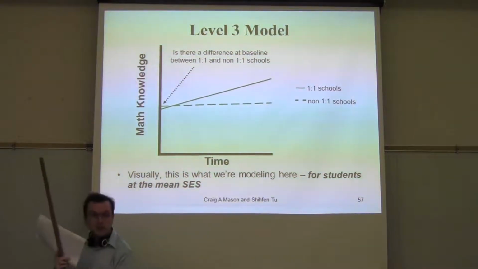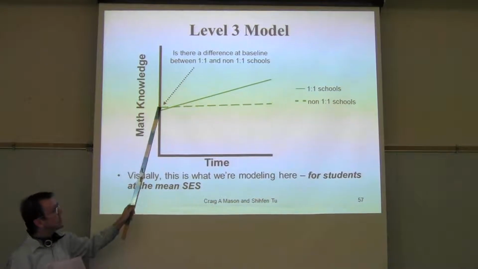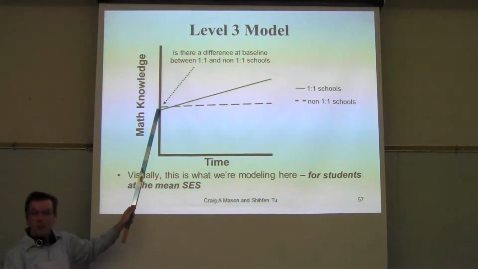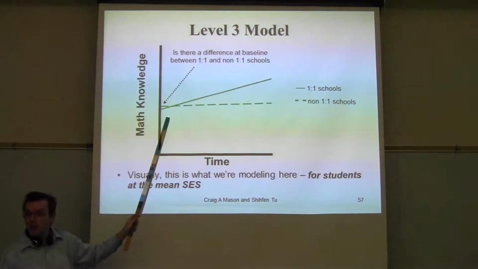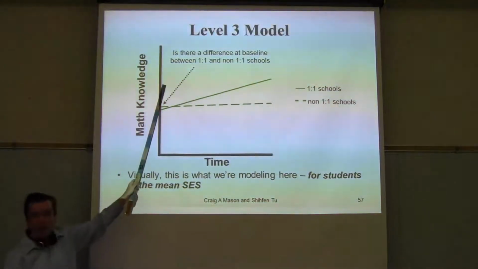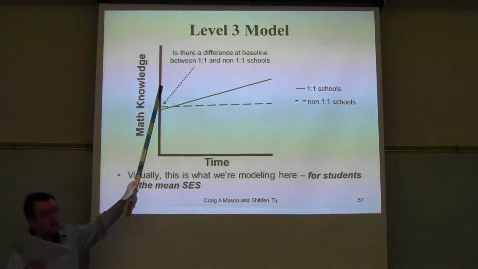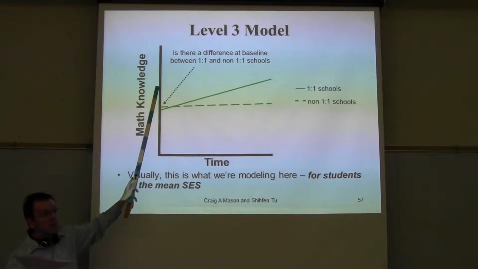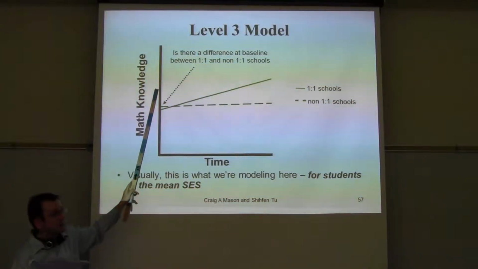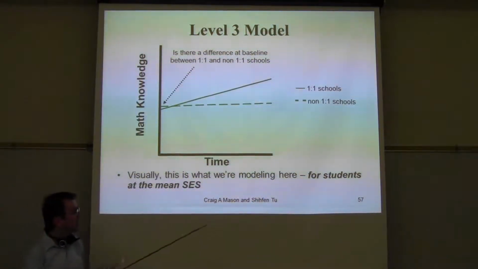You may expect that there's no difference, but now we'll actually test. This will start to examine whether there's a difference. If you're a laptop school, you're starting off higher. It's a school with more resources to begin with, so gosh darn it, they went out and bought those laptops. They weren't going to wait. So there may be differences at baseline.